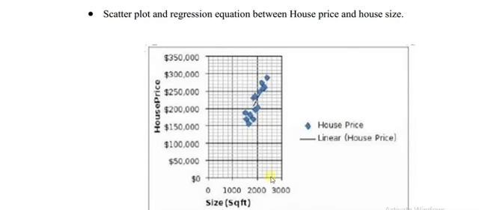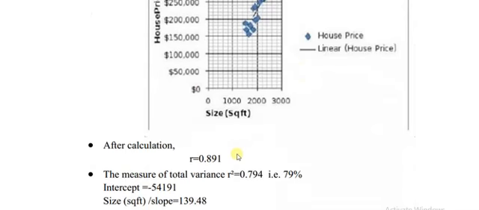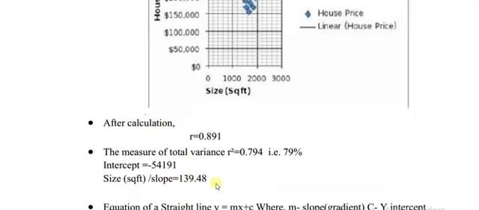This is the house price, and it shows some linear relationship. After doing all the calculations, we found the coefficient r as 0.891. The measure of total variance equals 0.794, that is 79%, the y-intercept we found is minus 54,191, and the slope is 139.48.